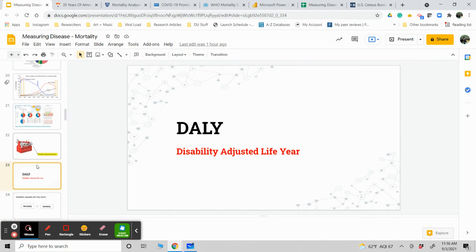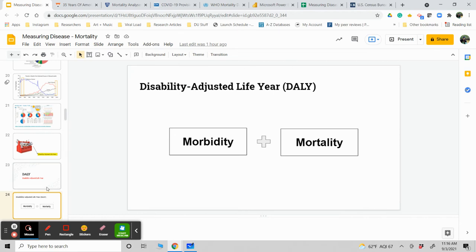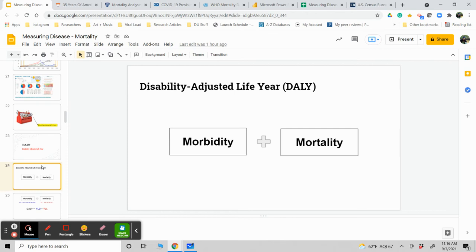Now, this is not a measure of morbidity or mortality, it's a measure of morbidity and mortality. So this in one metric combines information on morbidity and mortality to give us an idea of the burden of disease in particular populations.